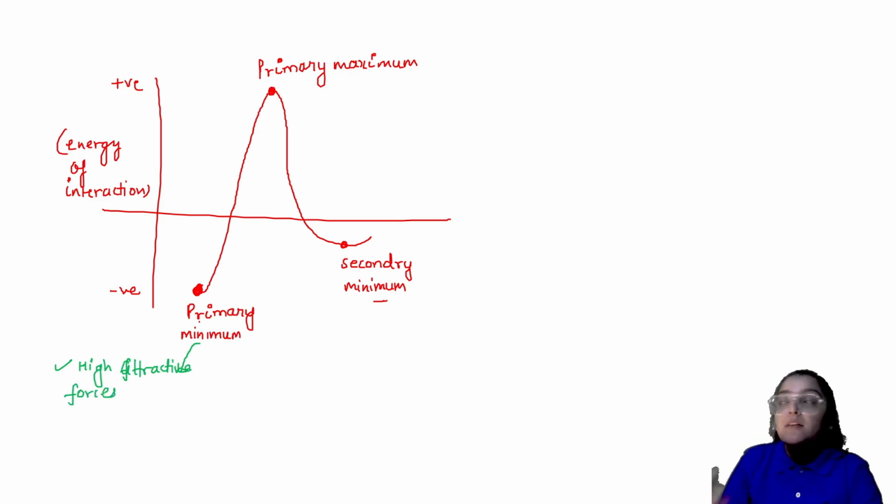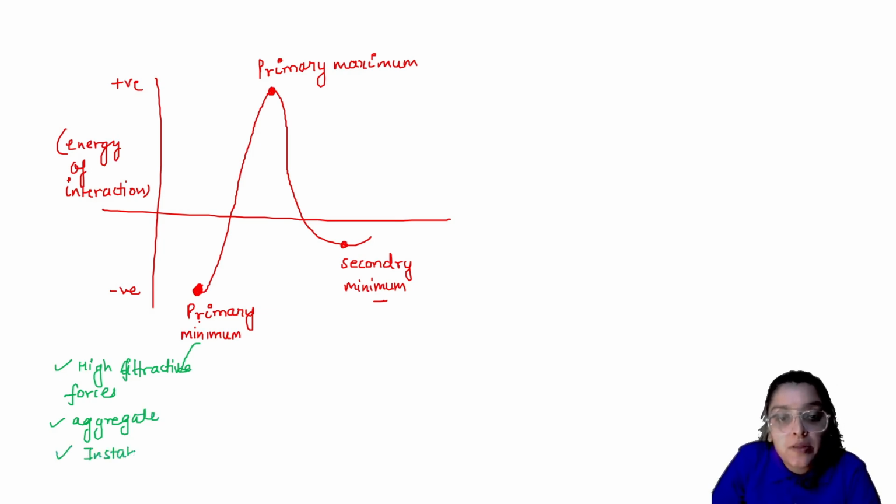We have seen that such attractive forces can cause the particles to aggregate, which can cause instability in your formulation, because the particle size is going to increase because of the aggregation. The particles are so close that they will ultimately coagulate, and this will cause the aggregation and the instability. So the primary minimum indicates the high attractive forces between the particles.